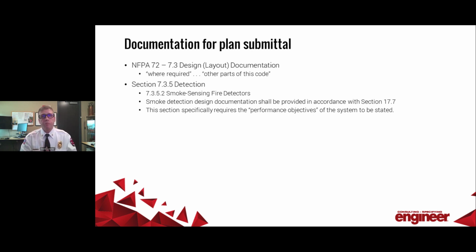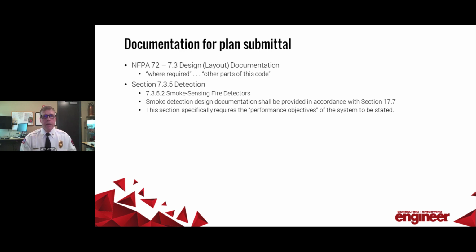So you can put kind of an example down. When you look down into that section and we talk about detection, which is what we are talking about today, I just randomly picked smoke sensing fire detectors because that is a very common detection out there.